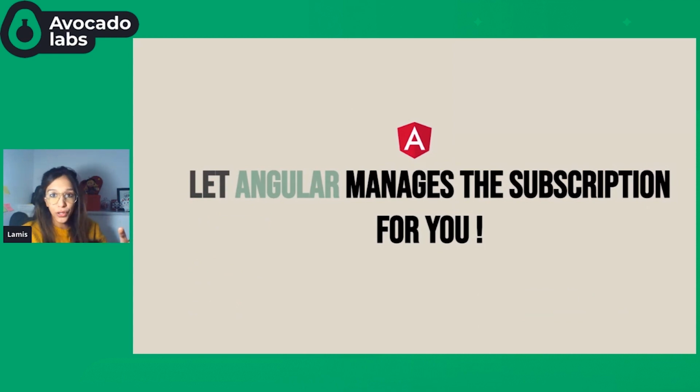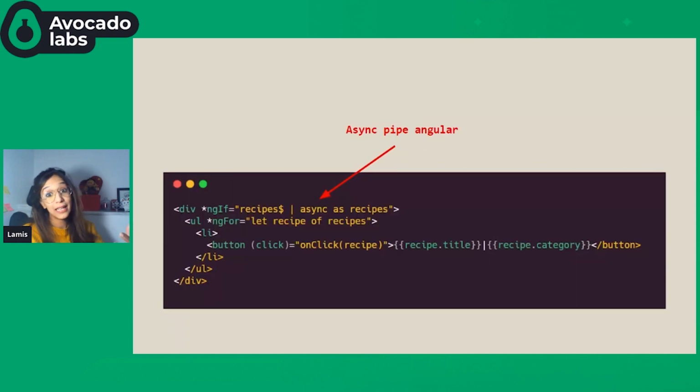So the choice is for you, how you can deal with this. First choice: let Angular manage the subscription for you. What does it mean? If you are working with an Angular component, you can use a mechanism that handles the unsubscription for you, and it's the familiar async pipe.